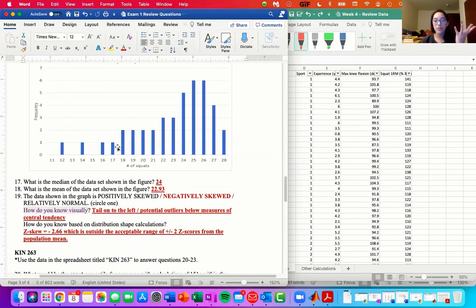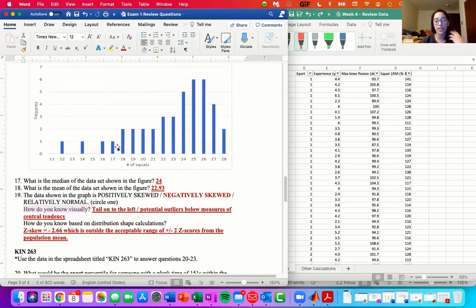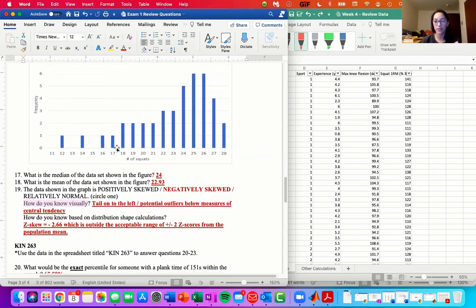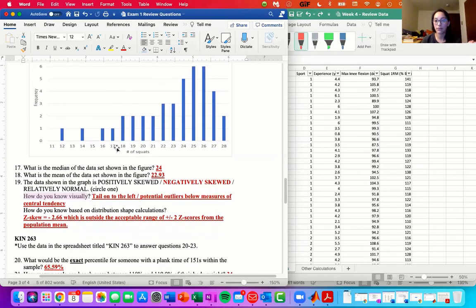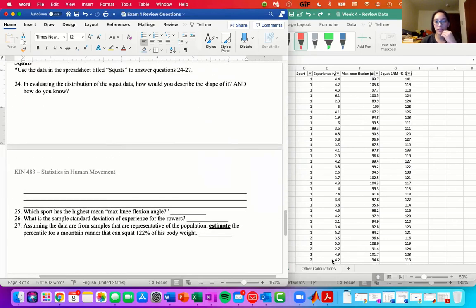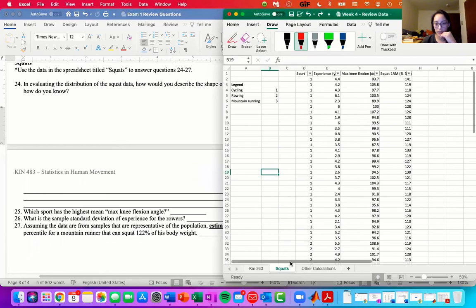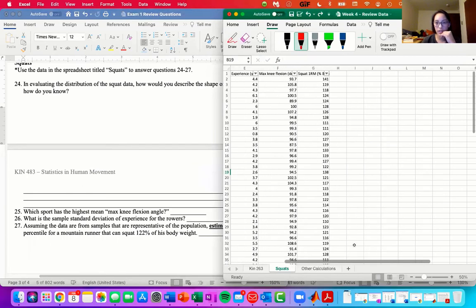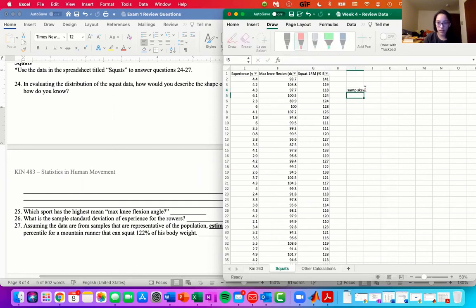The visual representation gives you an idea, but it doesn't tell you the degree of skewness or kurtosis that you would have, right? So for this one, we're going to do our skewness and kurtosis calculations, which we've already gone through. So we'll just do them again because repetition is good sometimes.